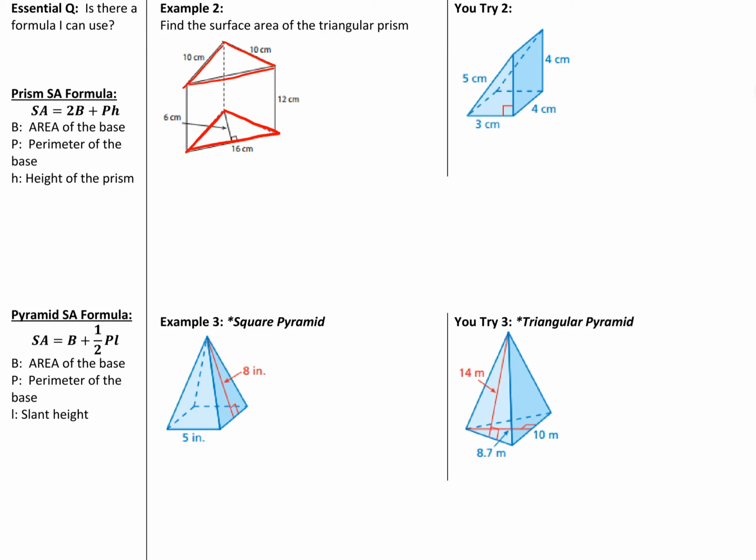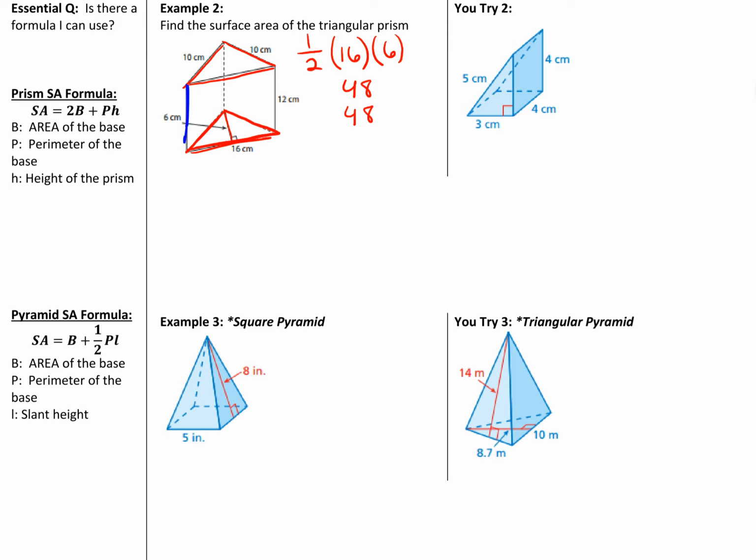So if I just look at the triangle, I see that there's a base of 16 and a height of 6 centimeters. It's going to be 1/2 times base times height, 16 times 6. Half of 16 is 8, times 6 is 48. And we have 2 faces that are 48 centimeters squared.